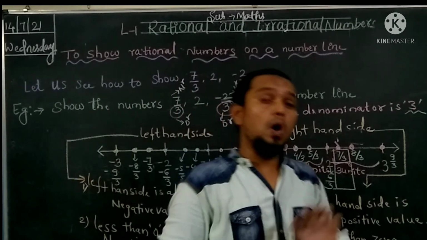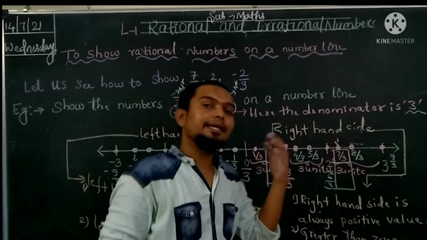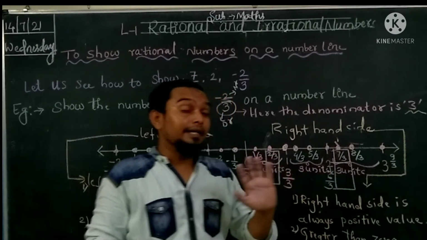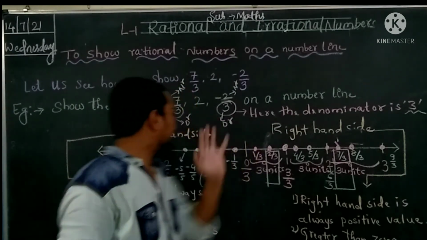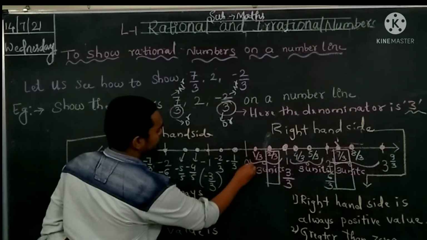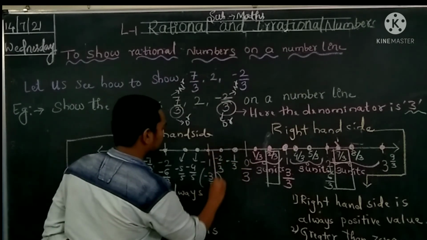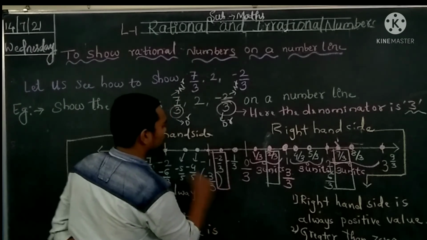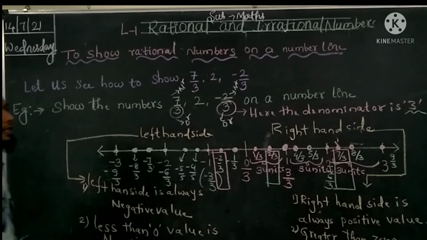Negative value is always on the left hand side, and a negative value is less than 0. That means minus 2 upon 3 is 0 upon 3, minus 1 upon 3, minus 2 upon 3. This one is minus 2 upon 3.